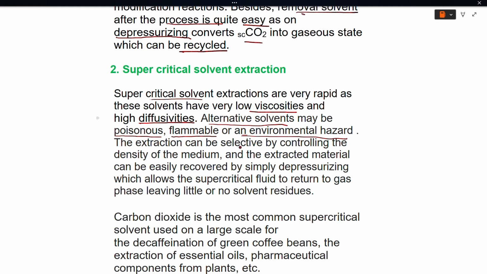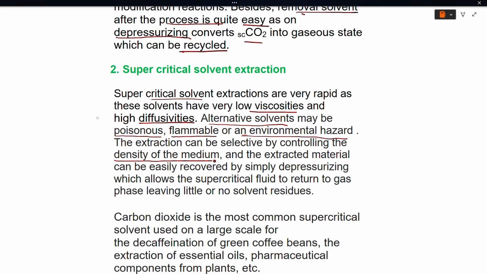The extraction can be selective. You can selectively extract substances because the density of supercritical carbon dioxide can be controlled.